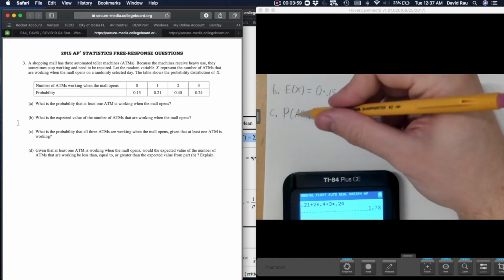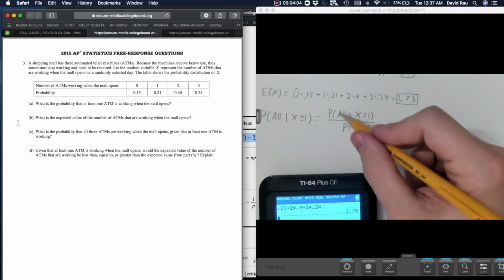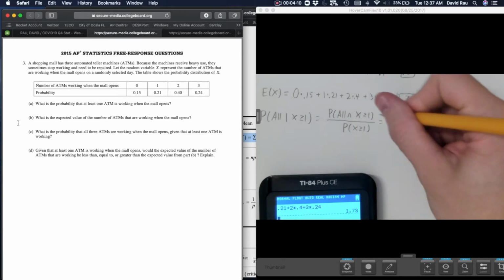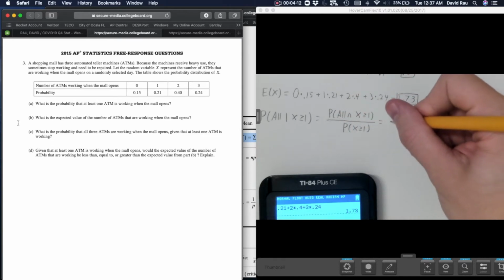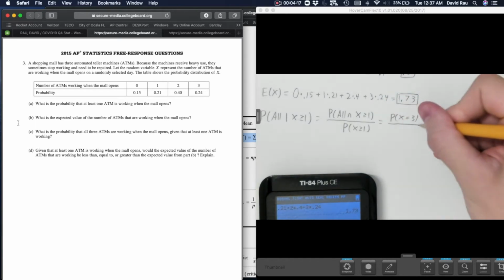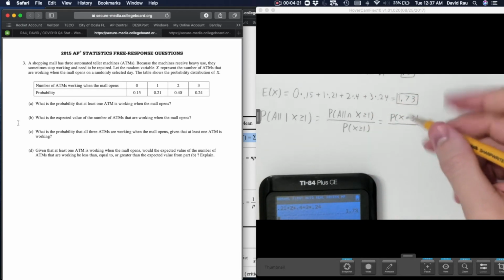It's always the probability of the 'and' divided by the probability of the second event. Now, what is the probability of all and x being greater than or equal to 1? That's the same as just the probability of x being 3, because that's where they overlap, when it's exactly 3.